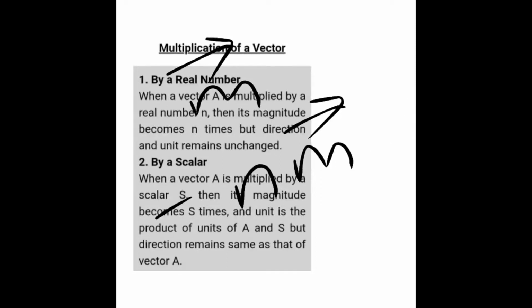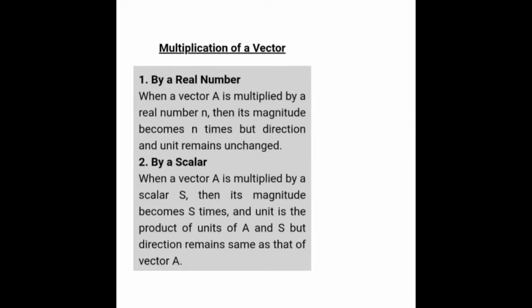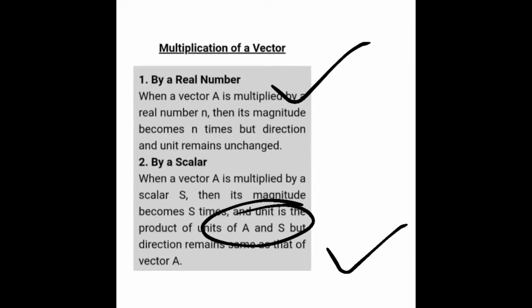But in case we multiply a vector by a scalar quantity, what happens? When a scalar quantity s is multiplied to a vector a, the magnitude becomes s times, and the unit we get after multiplication will be the product of the unit of a and s, but the direction remains the same. So you see, with a real number the direction remains the same, and with a scalar also the direction remains the same.